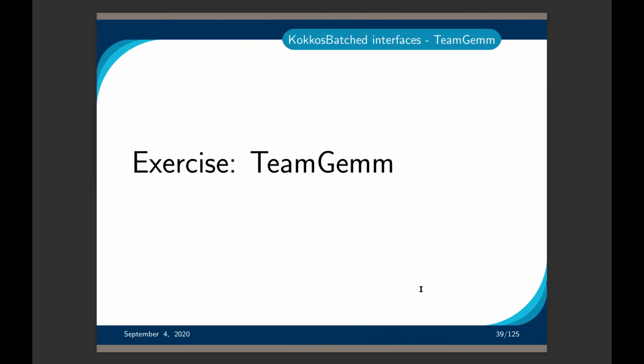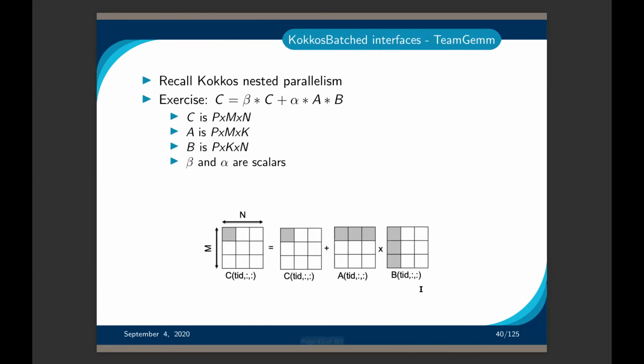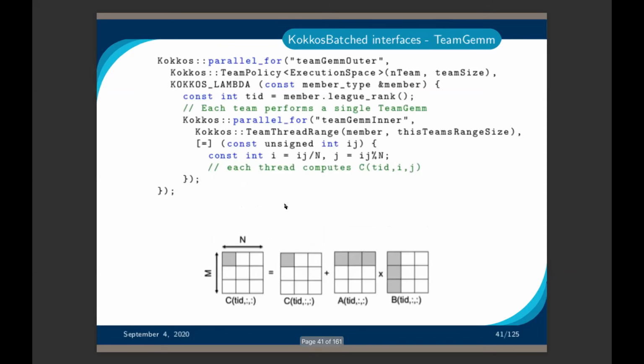So this is the team gemm operation. With team gemm, we want to compute the matrix multiplication in a parallel for. P is the number of problems, and M and K are the matrix dimensions. If you do this by yourself, you probably do it this way.